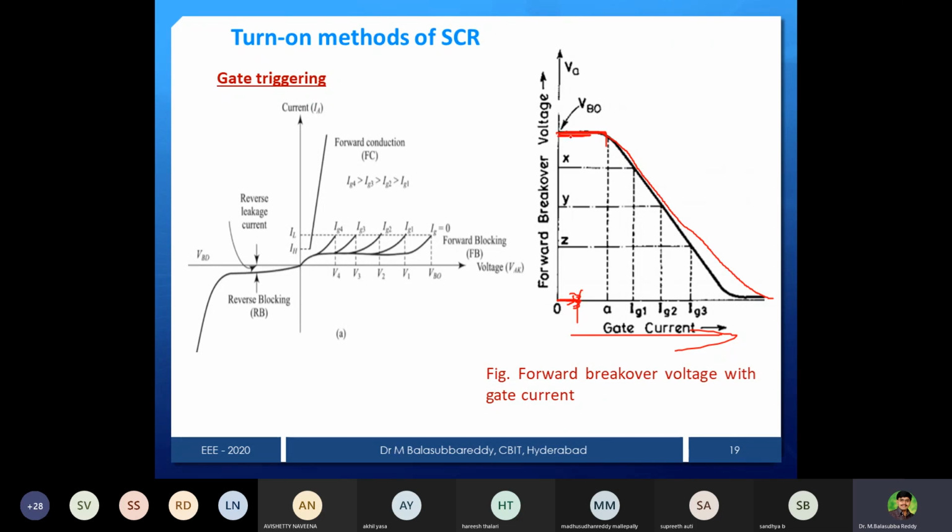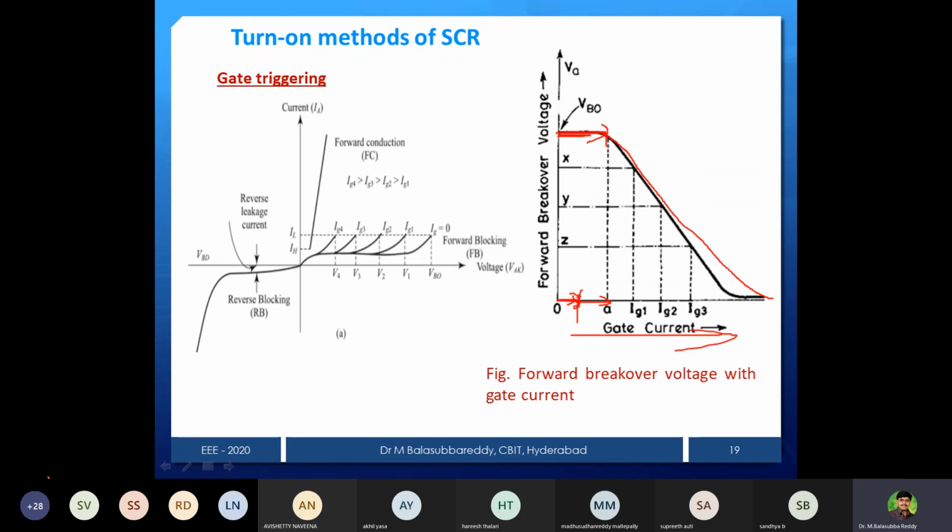VBO only. Up to OA, the breakover voltage is VBO only. Why? If I increase the gate current from 0 to OA, the breakover voltage remains VBO, because 0 to OA is below the minimum gate current required to trigger the device.